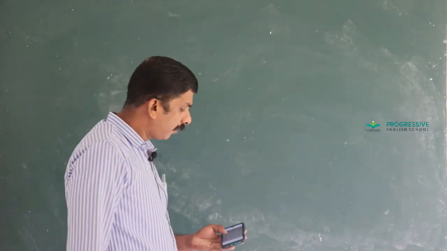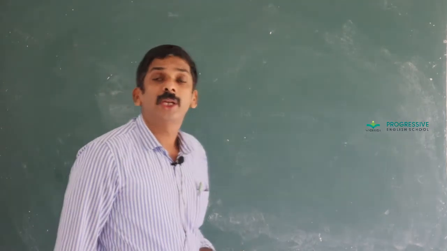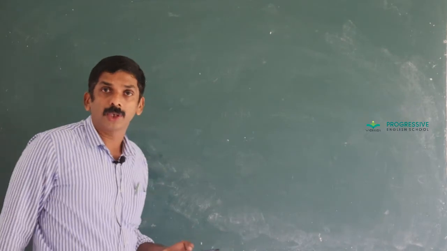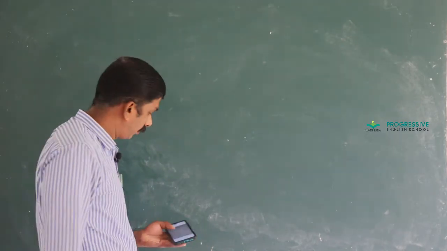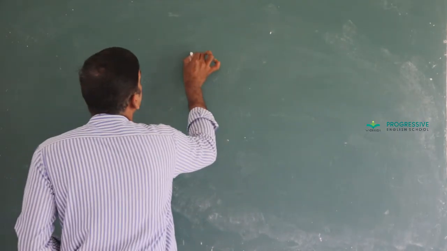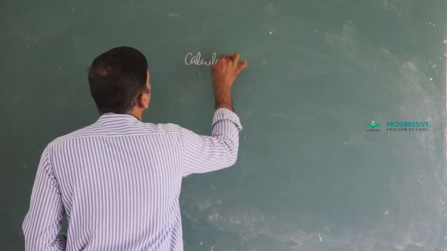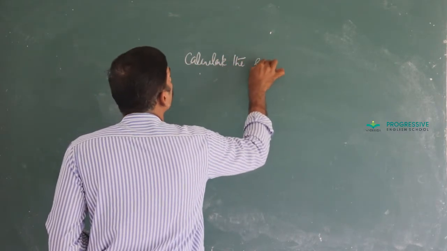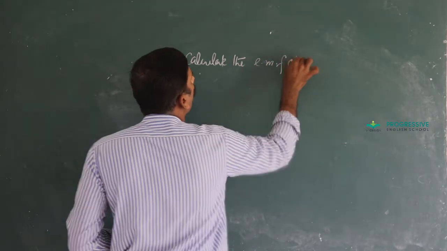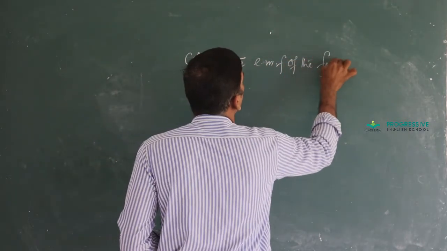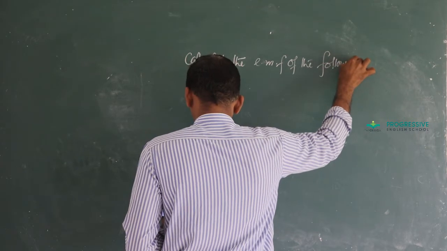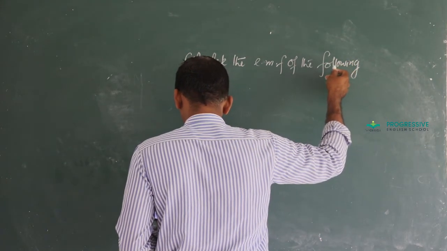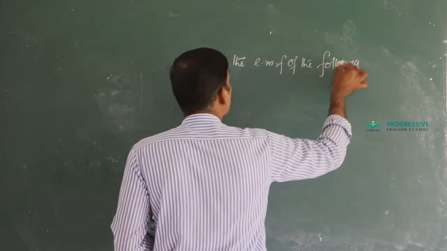And next we apply the Nernst equation in the case of a cell, just like we derived the equation for a Daniell cell. Here the question is: calculate the EMF of the following cell.